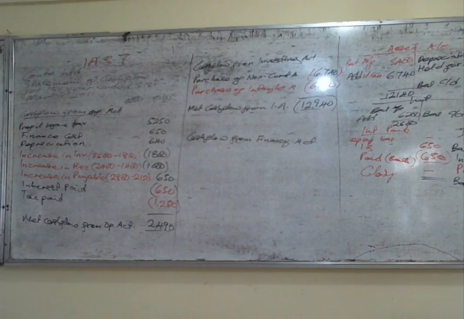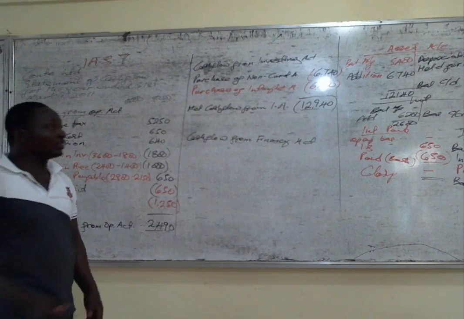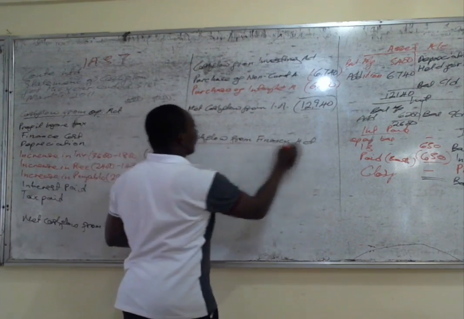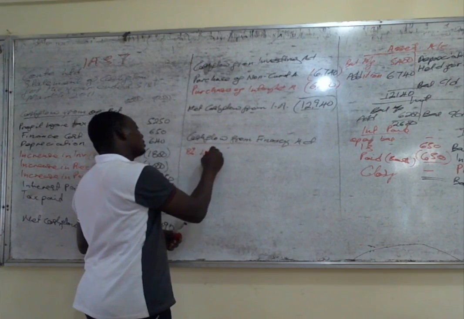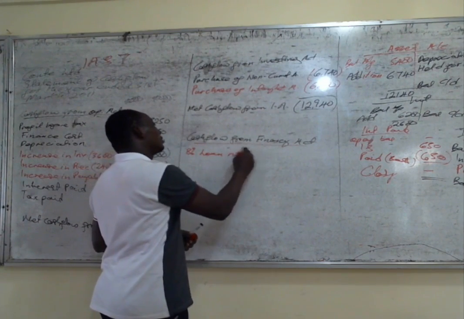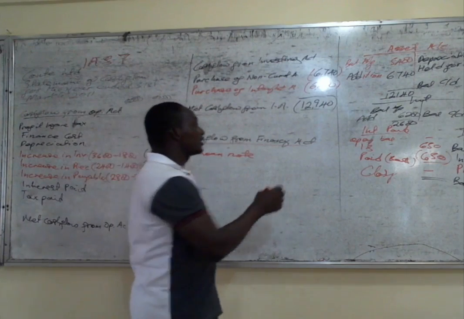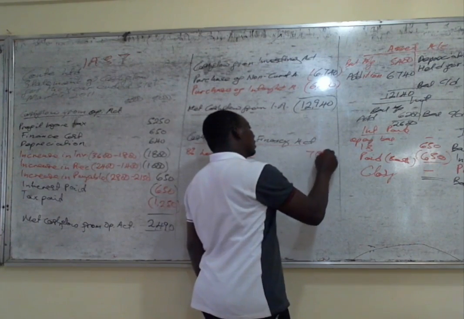There's no additional information down there to show what happened. So it means that the change is as a result of getting more finance. So there has been an increase in liability in the form of a loan note. So 8% loan note. And the difference is how much? 7,000.